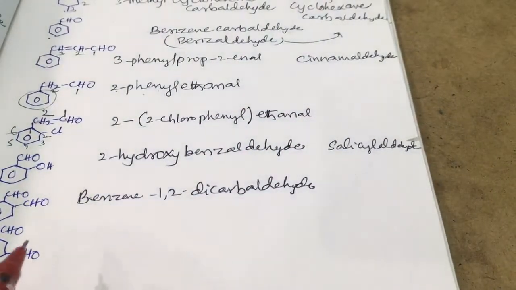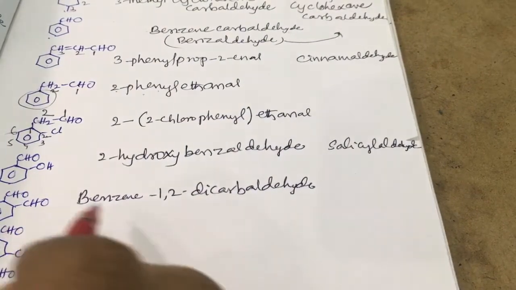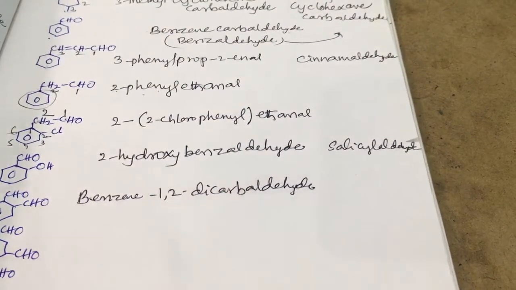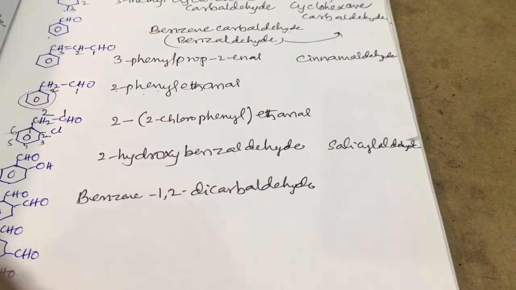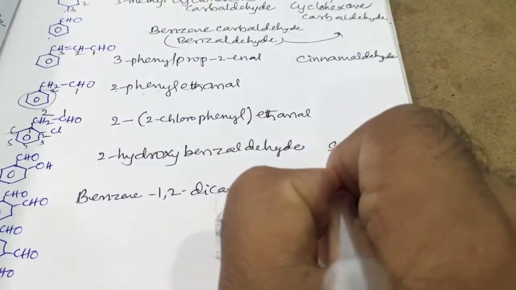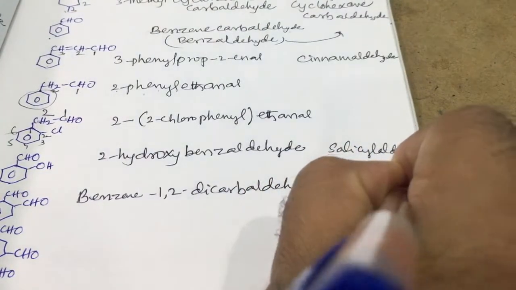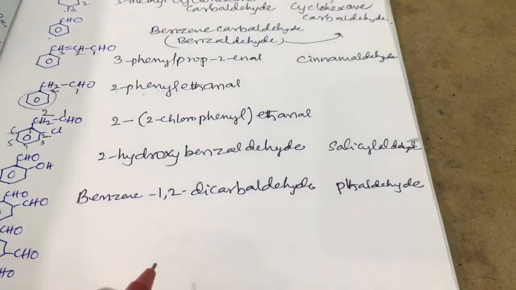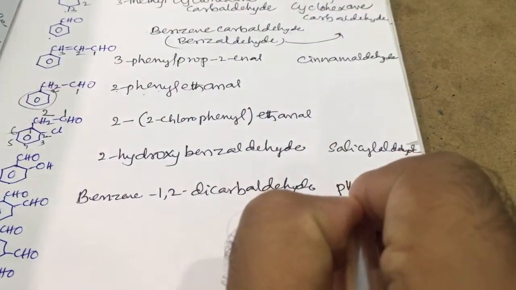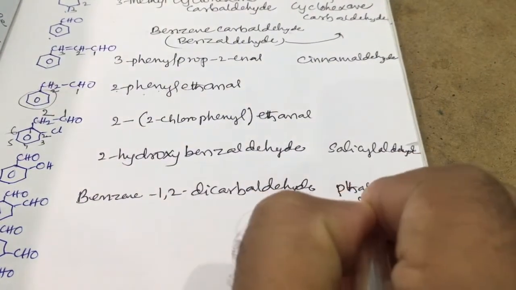Don't write diol. When it is an open chain we can write diol, but when the group is bonded on a ring, this is called benzene 1,2-dicarbaldehyde. The IUPAC name is easy; the common name you have to remember. This is called phthalaldehyde. In some books it is given as orthophthalaldehyde.